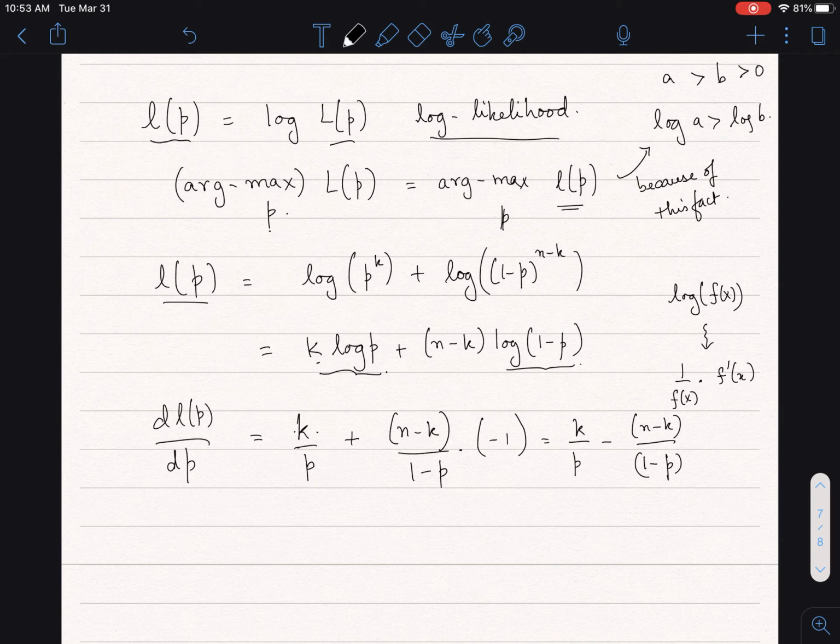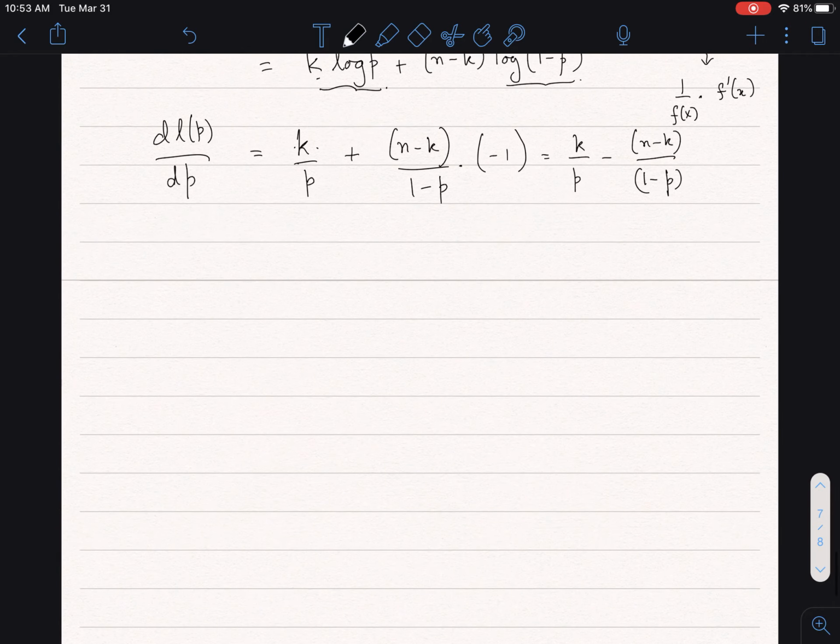Okay, and now I need to set this derivative equal to 0. So dl by dp equals 0 is equivalent to saying that k by p is equal to (n minus k) divided by 1 minus p. And now we can simplify this.